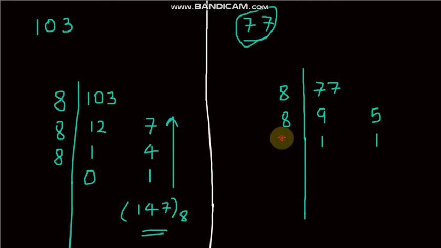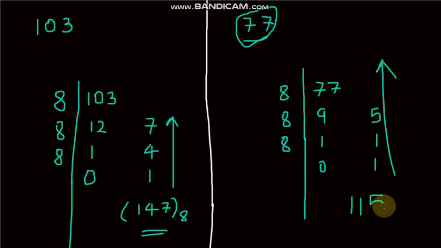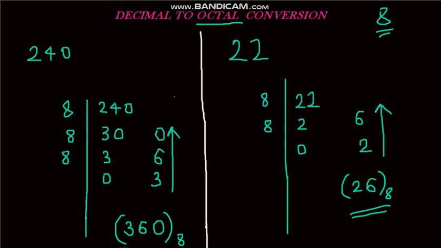Now dividing the number 1 by 8, the quotient is 0 and the remainder is 1. And in the upward direction, we get a final number as 115. That's it. That's the main part of a decimal to octal conversion.